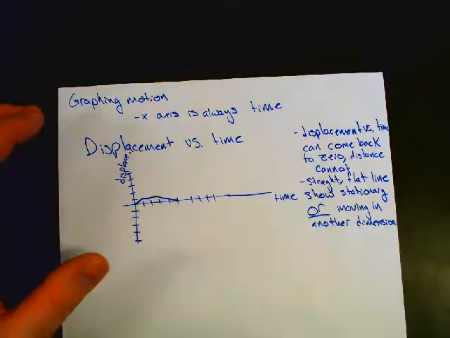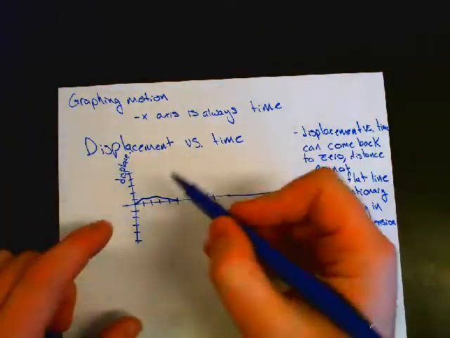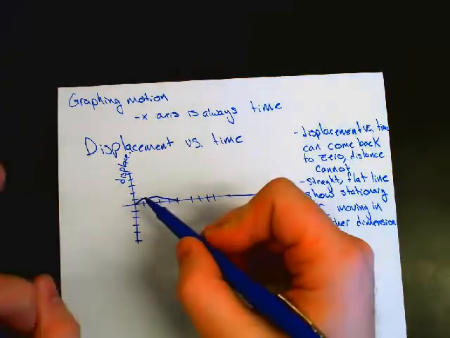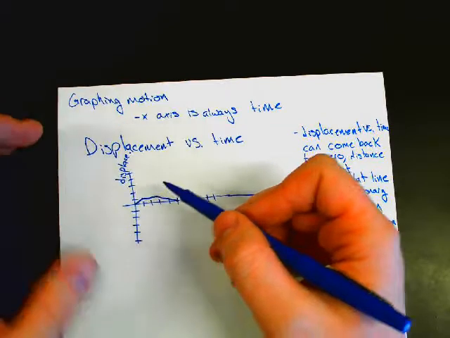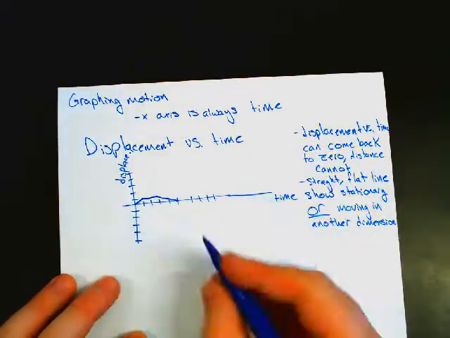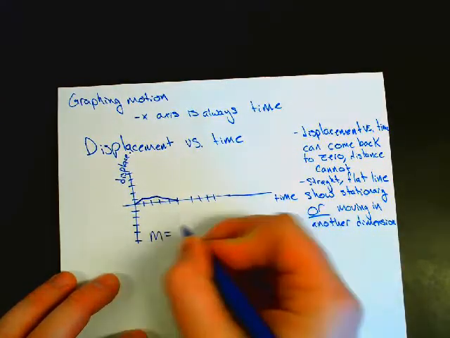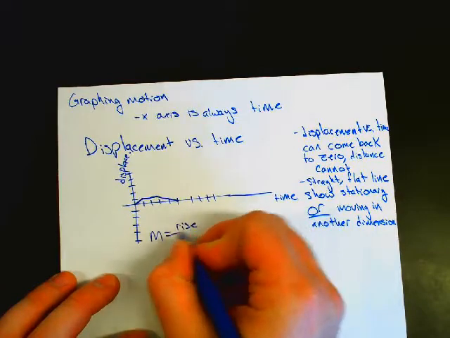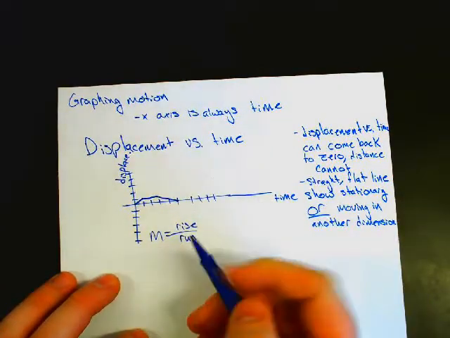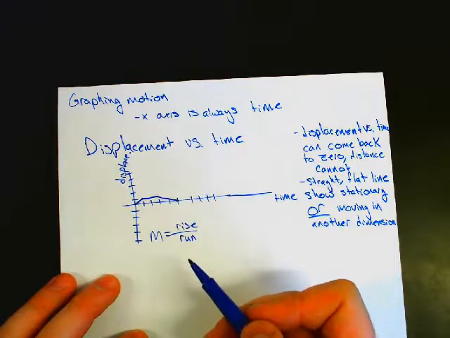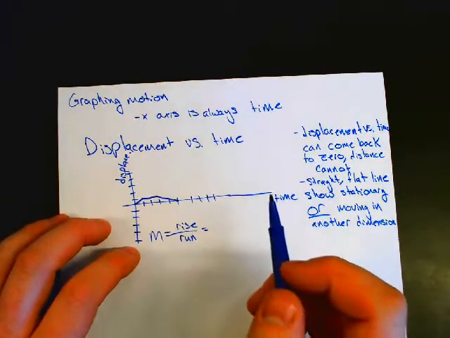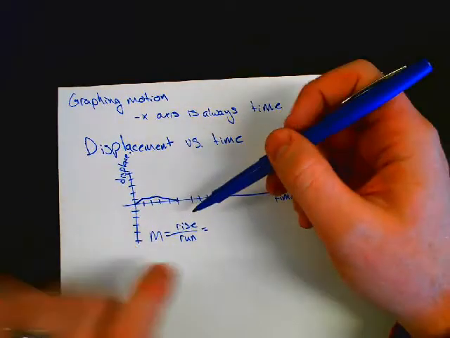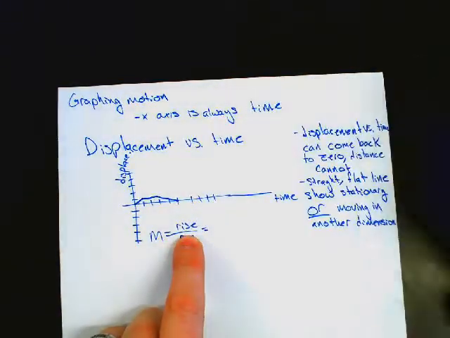Okay? Our next piece here. In math, how do you determine slope? Rise over run. All right, so m, or slope, is rise over run. Or change in y over change in x, right? That's point slope form. Okay, so in this case, what is rise?